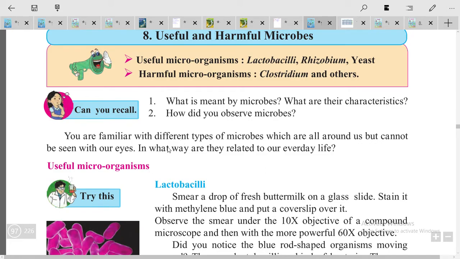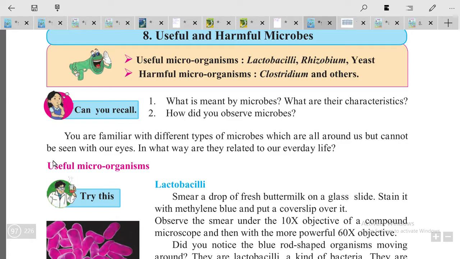You are familiar with different types of microbes which are all around us but cannot be seen with our eyes. In what way are they related to our daily life? The microbes cannot be seen with our eyes, but they are related to our everyday lives.